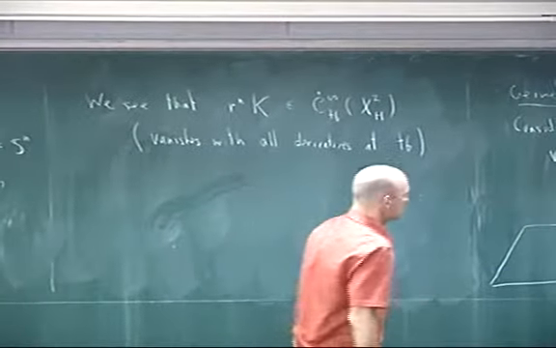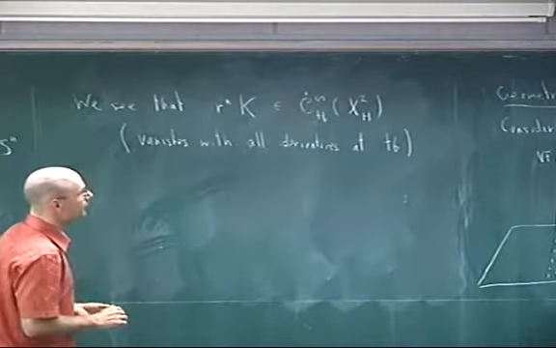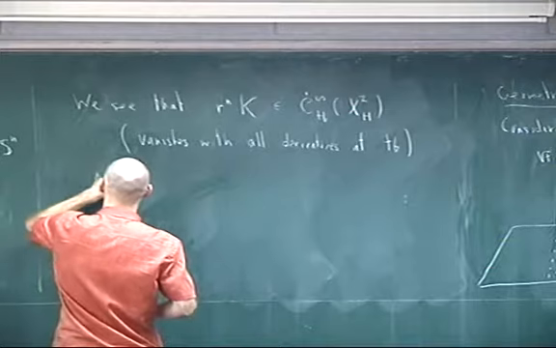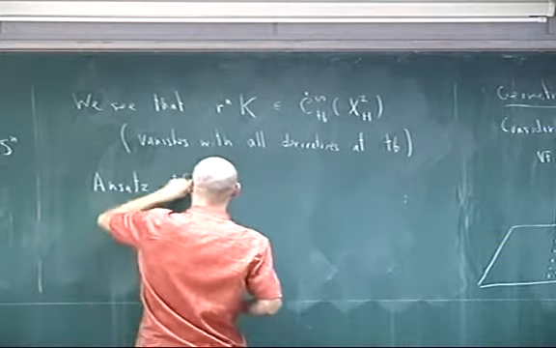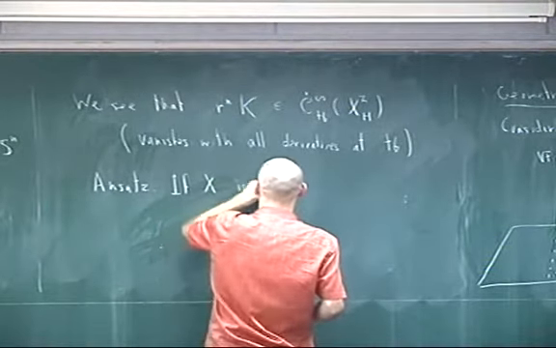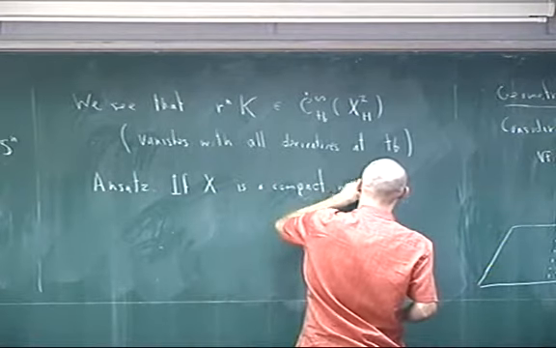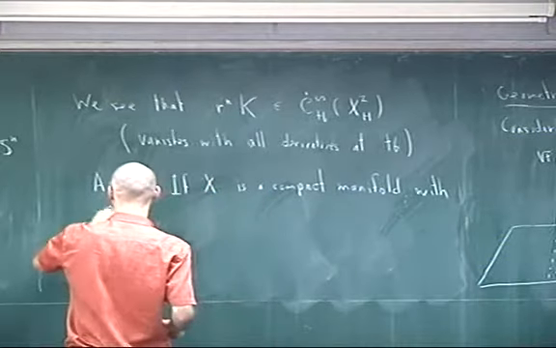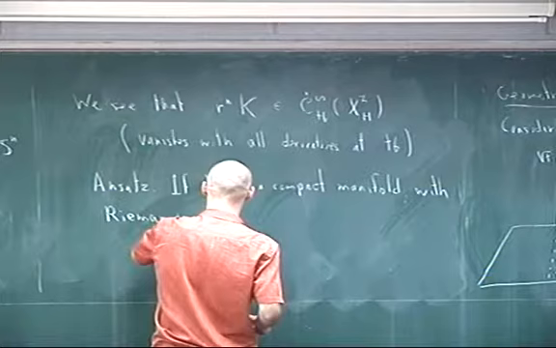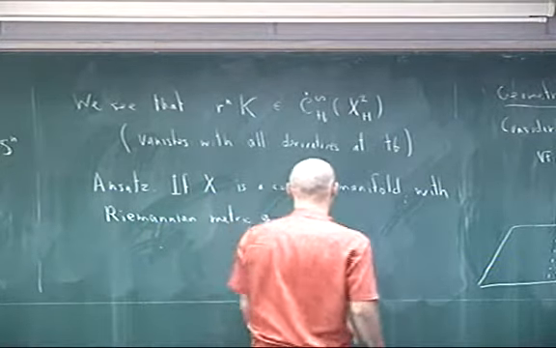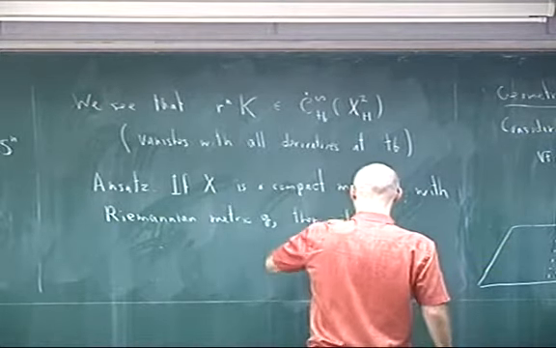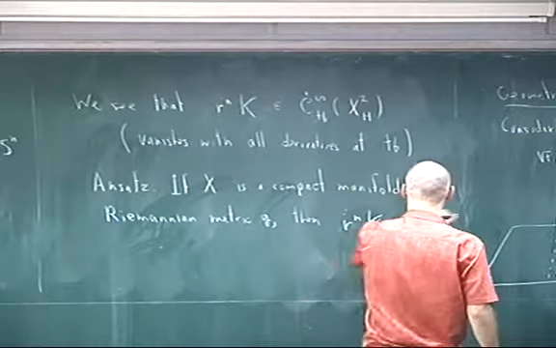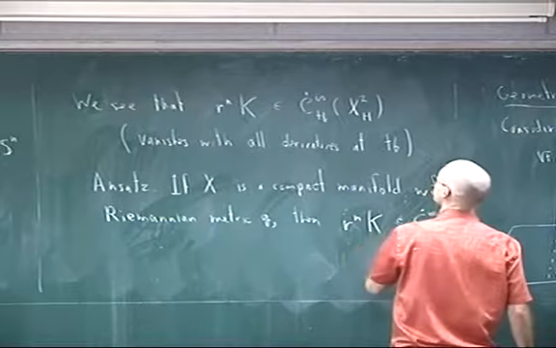And so the ansatz to build the heat kernel on a compact manifold with this approach is: if X is a compact manifold with Riemannian metric g, then the heat kernel times r to the power n will also satisfy the same property.